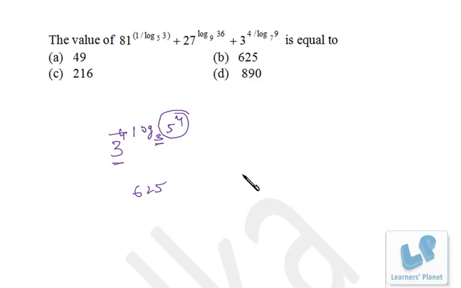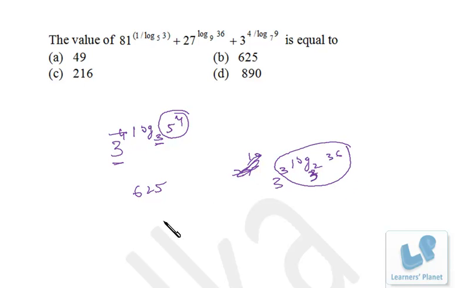Similarly, this is 27. I write this as 3 raised to 3 log of, this is 3 square and this is 36, right? So let's simplify the power first of all.